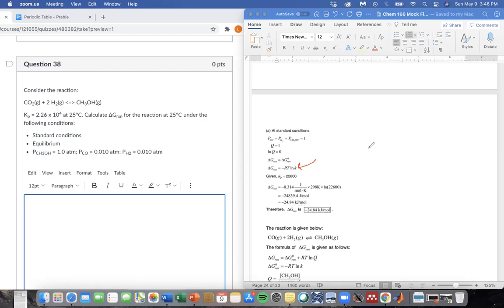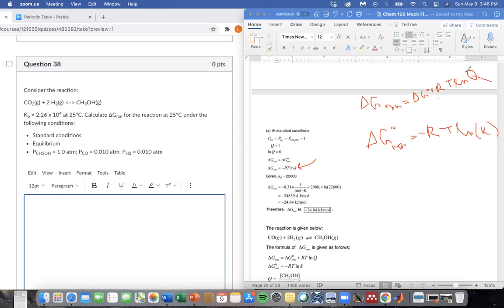A reminder again, you have the equation delta G reaction equals negative RT ln K. But at your standard conditions here, delta G reaction equals your standard delta G plus RT ln Q. When your Q is 1, this whole term goes to 0.